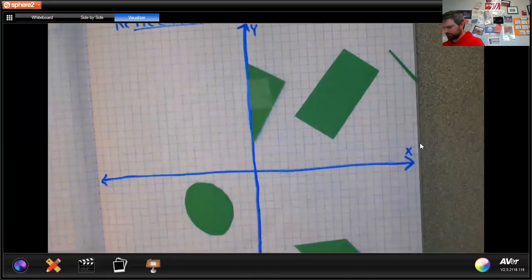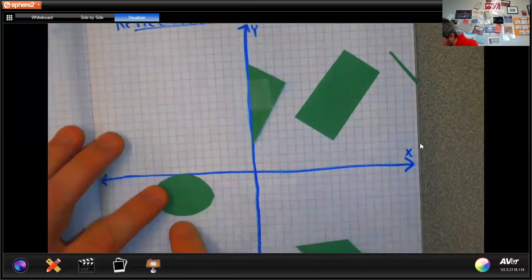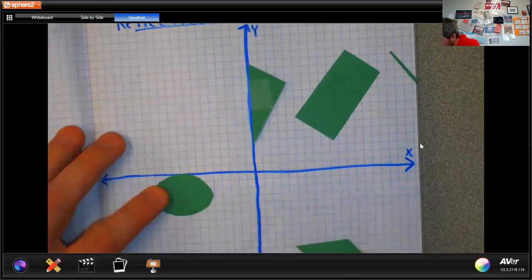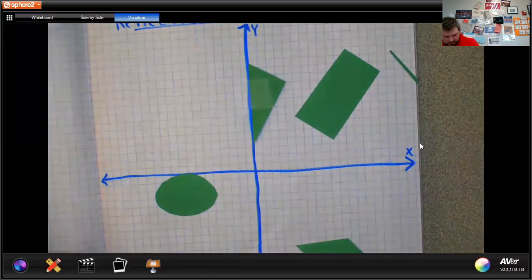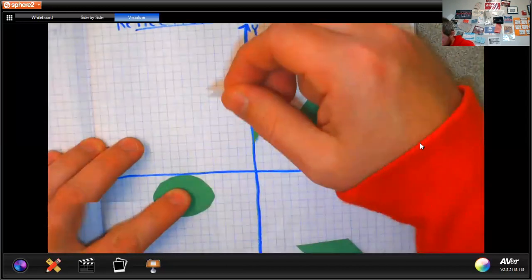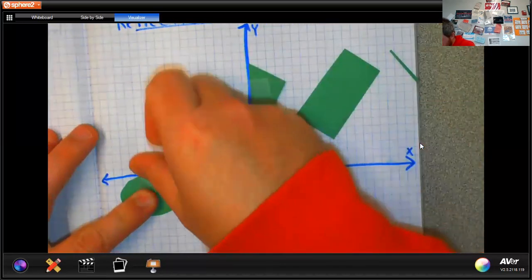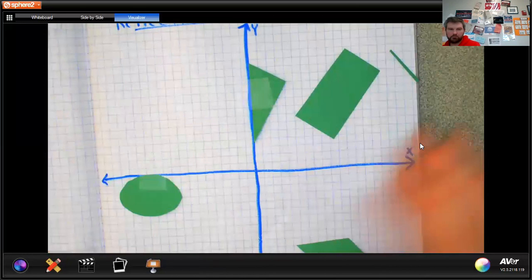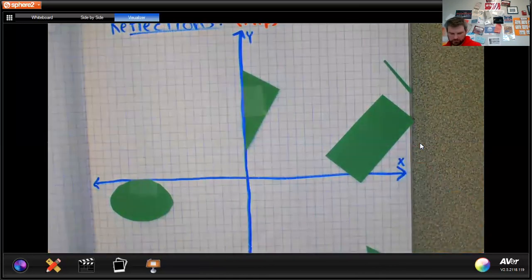Something like that. The oval we're going to put over here. Again, I just want to make sure some point is on the crosshairs. So right there, again, take a little piece of tape. If you don't have tape or construction paper, that's fine. You can still do these activities. You just may need to draw your own, and that's totally fine.